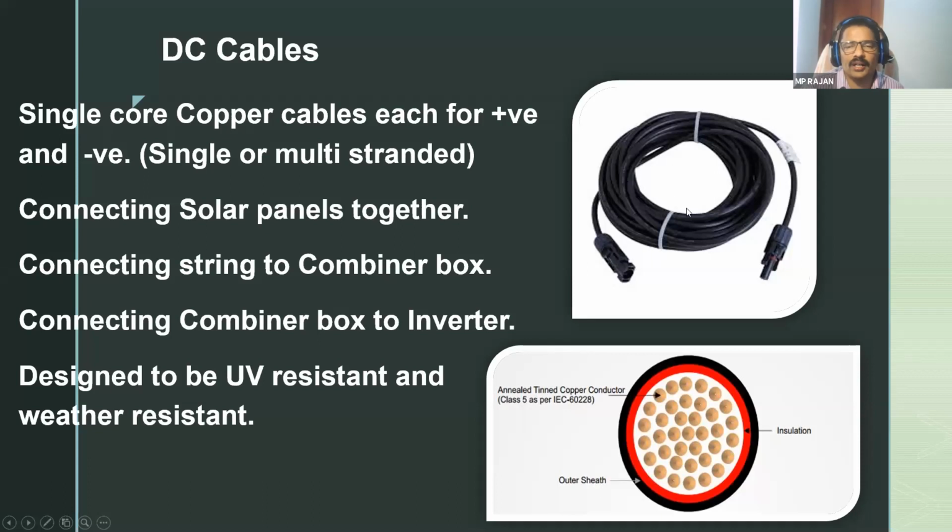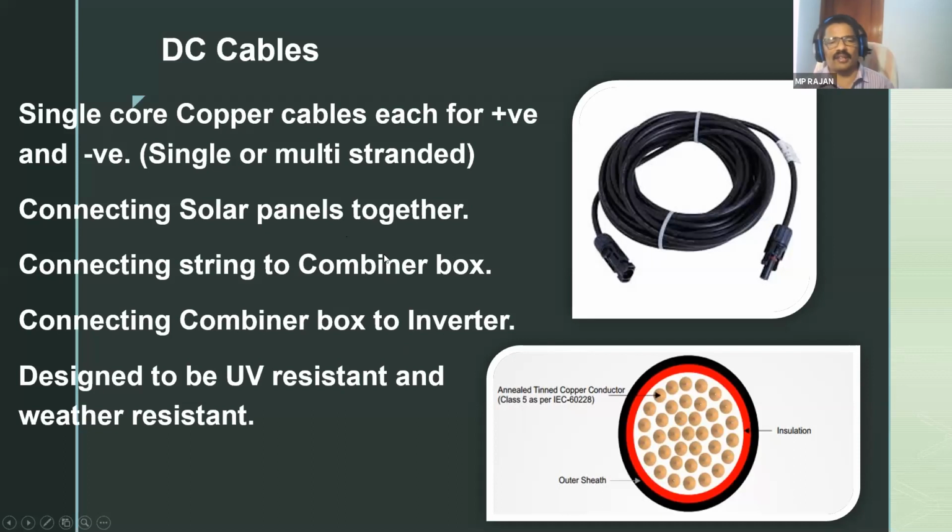So these particular DC cables are used to connect your solar panels together, connecting strings to the combiner box, and the combiner box to the inverter. So here you can see a cross section of this solar DC cable. This is the conductor, a standard conductor.